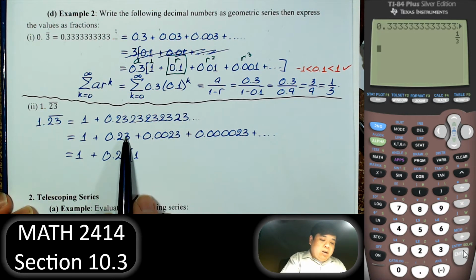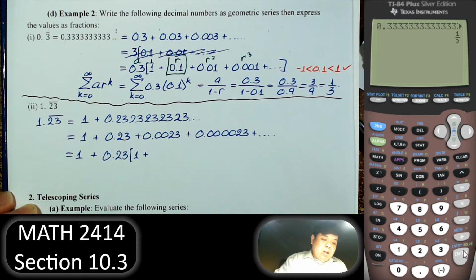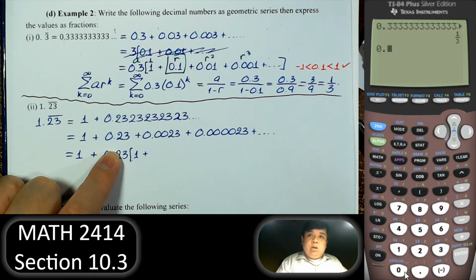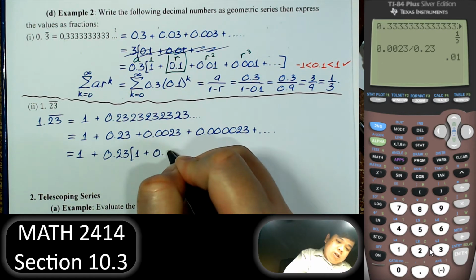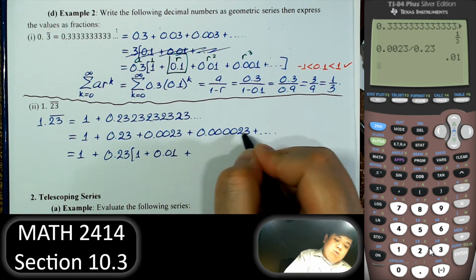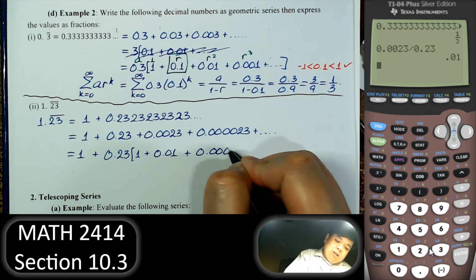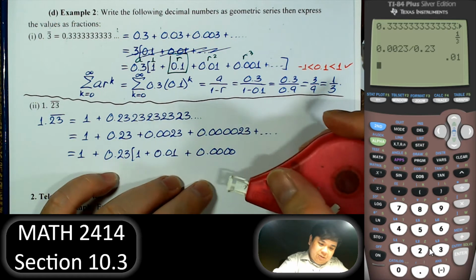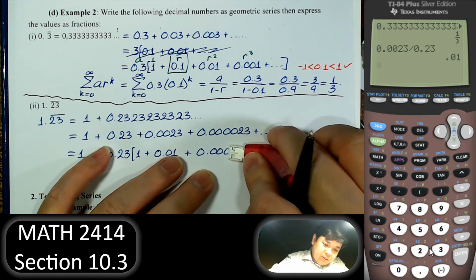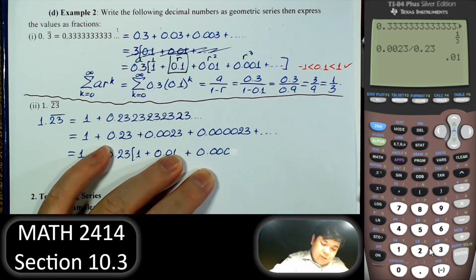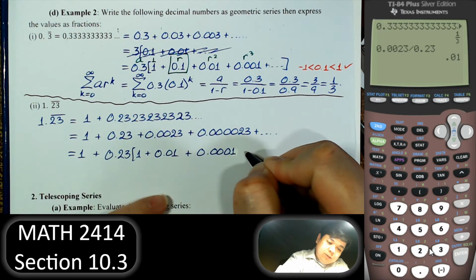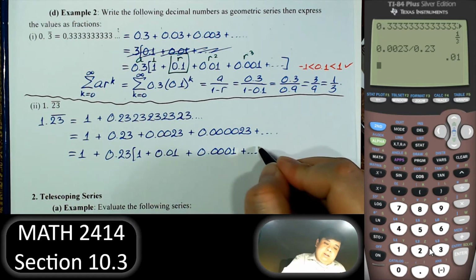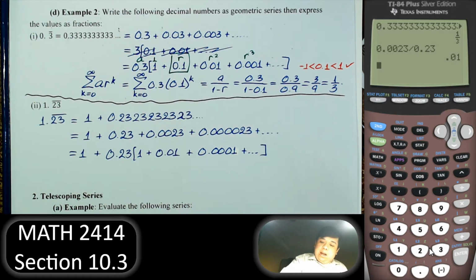Now if you factor that out, what is the next one? So we're going to set 0.0023 divided by 0.23, and we have 0.01. And then the next one we do the same thing. And then we just match.